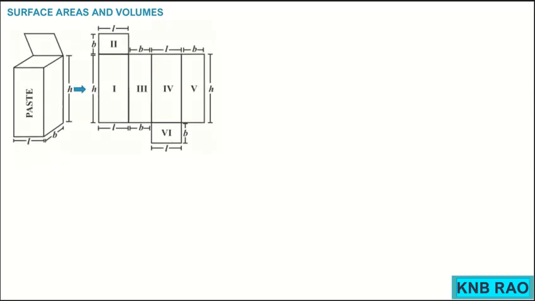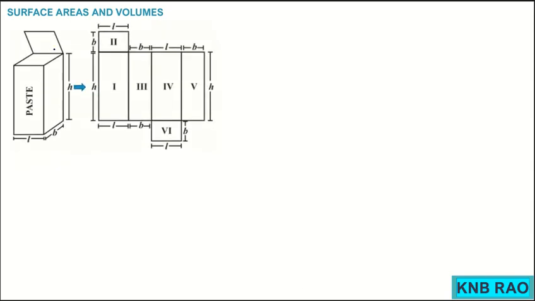See children, in class 8, when a cuboid is cut out and spread, it looks like this net. You have seen the net. Here a paste box of cuboid shape is cut out and spread like this, which gave a net of the cuboid.